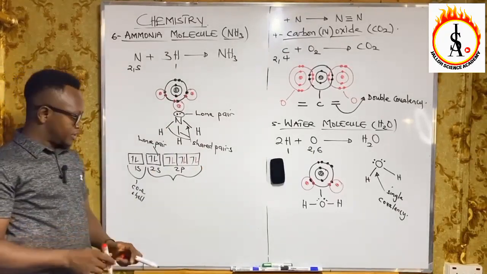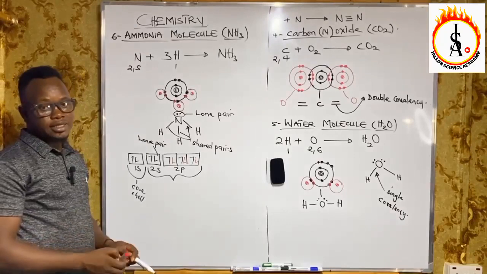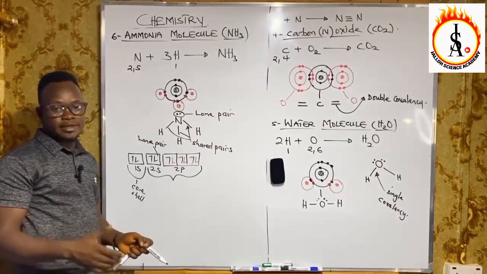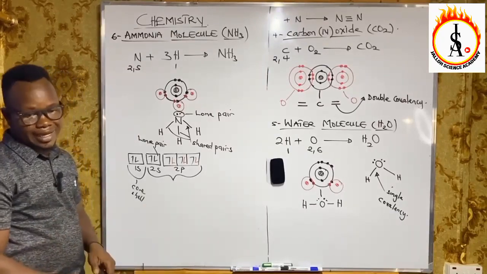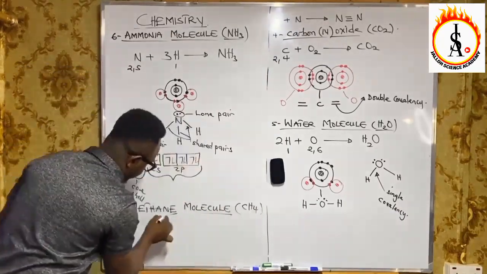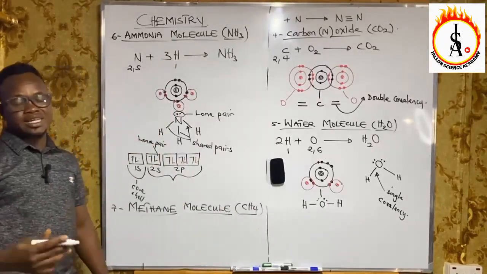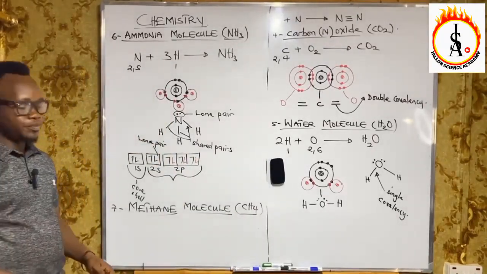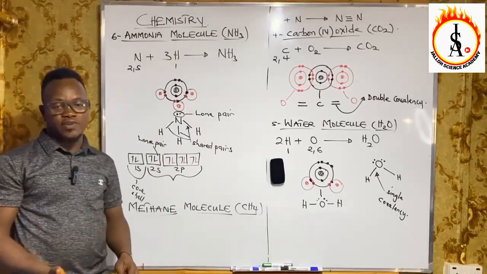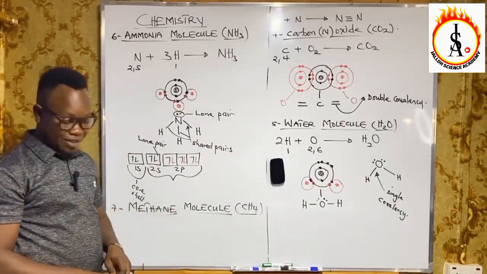And lastly, under this, the final example we're going to look at is the formation of methane. Methane, the first member of the alkanes, an organic compound. So the methane molecule has a formula CH4. That tells us we have 1 atom of carbon and 4 atoms of hydrogen.